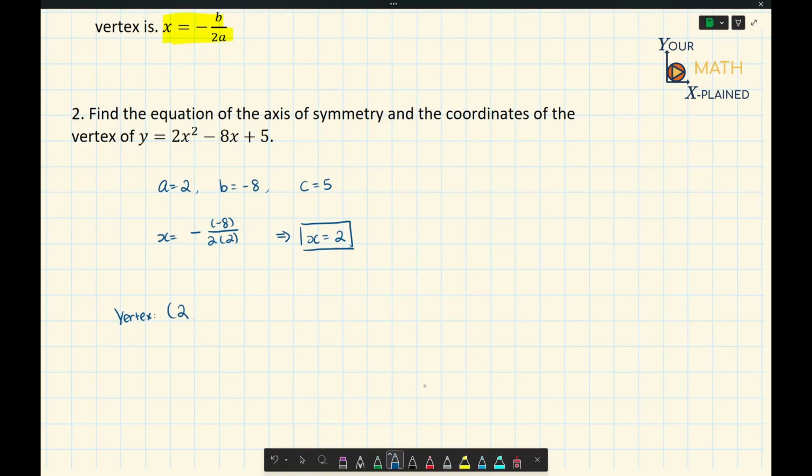And now we just need to substitute in this x value to find our y value. So we get y is equal to 2 times 2 squared minus 8 times 2 plus 5. And that is going to give us a y value of -3. So therefore, the vertex is at 2, -3.